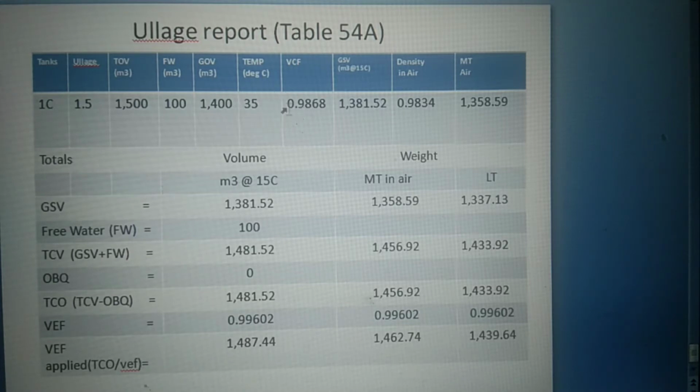GOV times VCF, and now we have 1381.52 cubic meters at 15 degrees centigrade. Okay guys, now we also have here density in air. Okay guys, density in air.